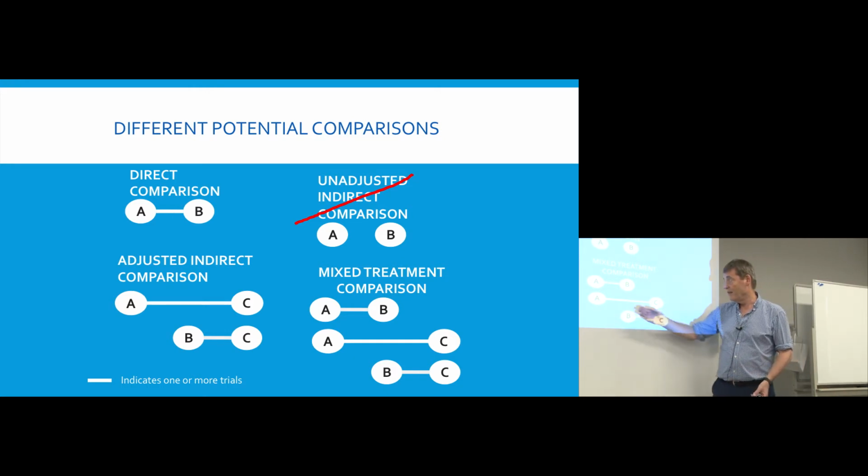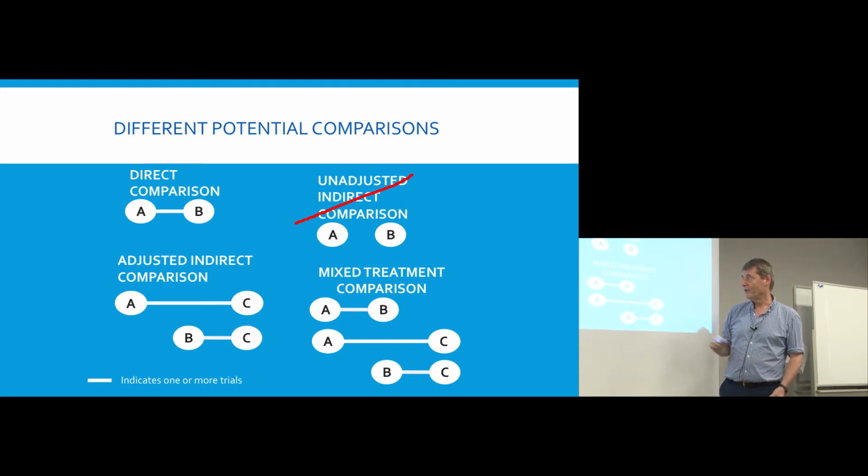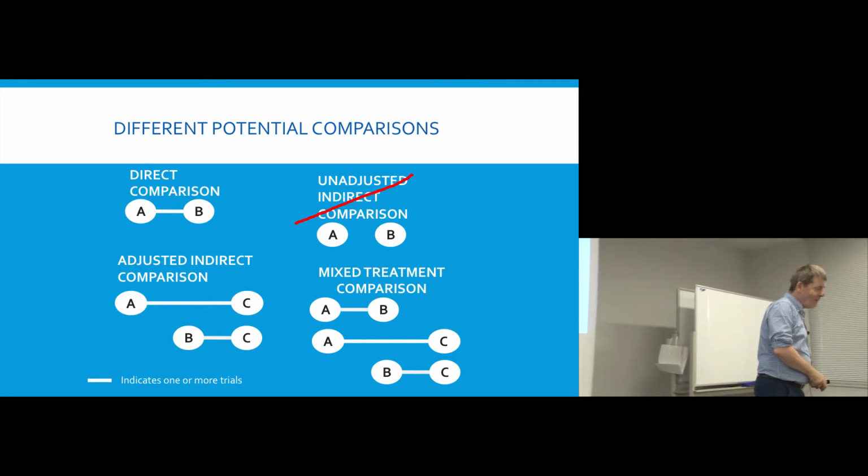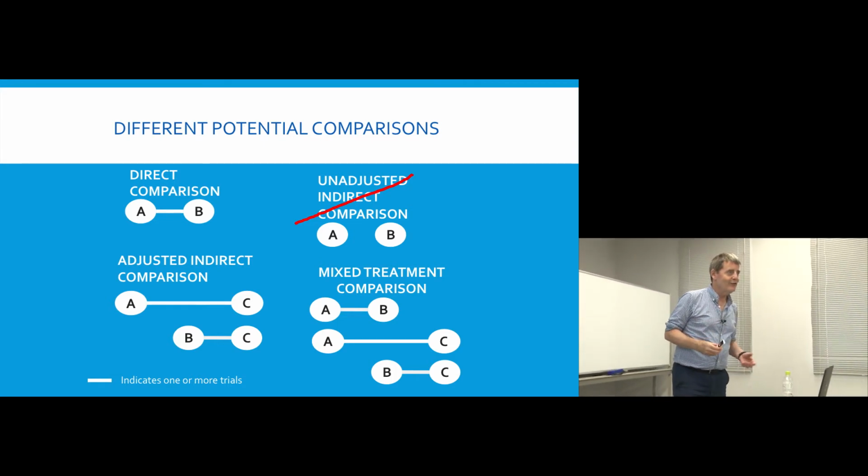And the AC-BC comparisons are also relevant evidence. Of course, there's an issue of how you combine information, and also what weight you should give the direct comparison compared to the weight given to the indirect comparison. But it's quite clear, at least to some people, that you should at least use all the information.